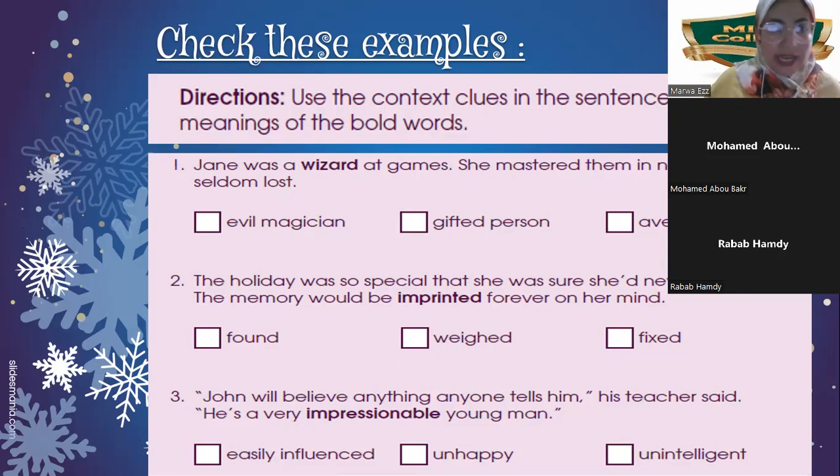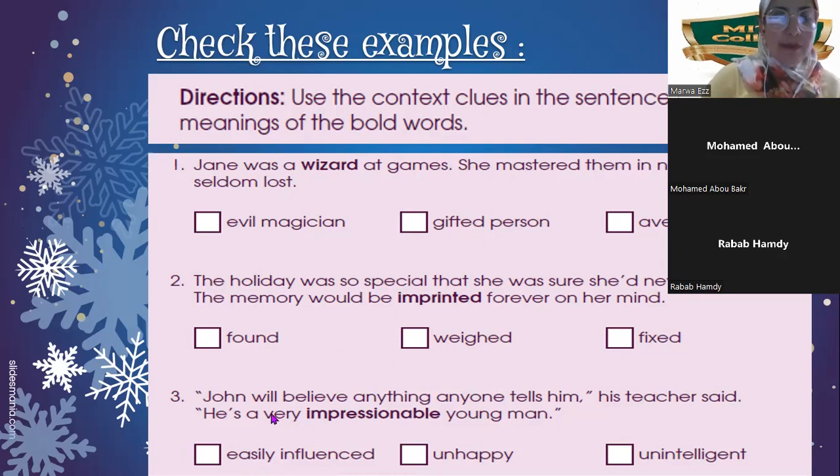He can follow anybody without any impressions or beliefs or thoughts or concepts in his mind. So impressionable nearly means easily influenced. This is new for me also, by the way. I love this word, impressionable. That's why I love this lesson.